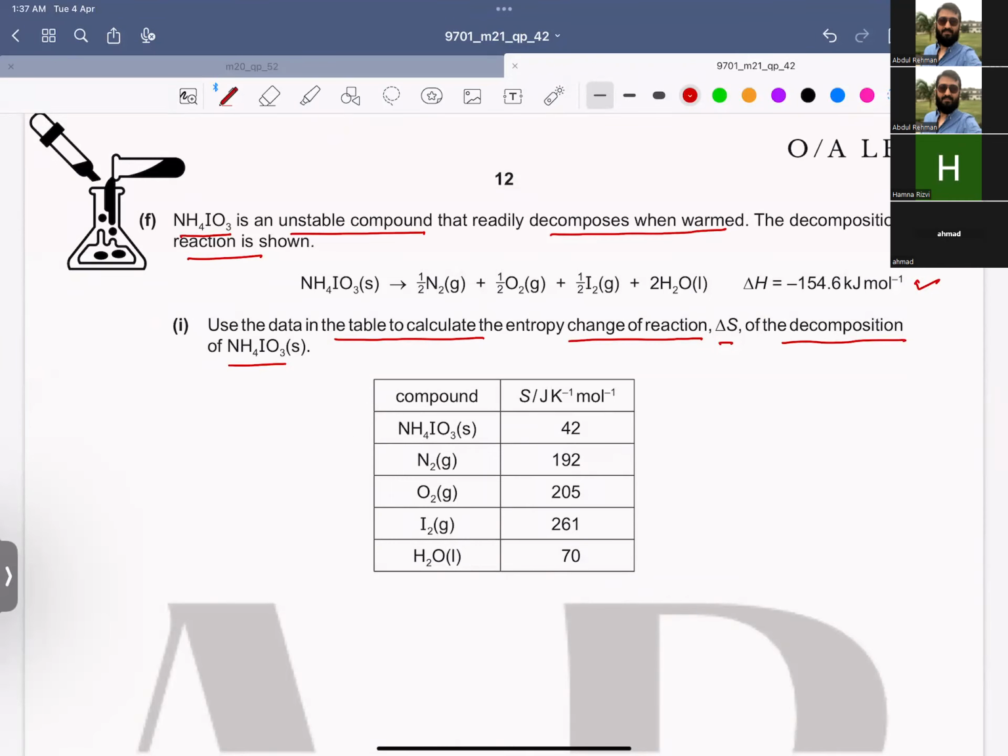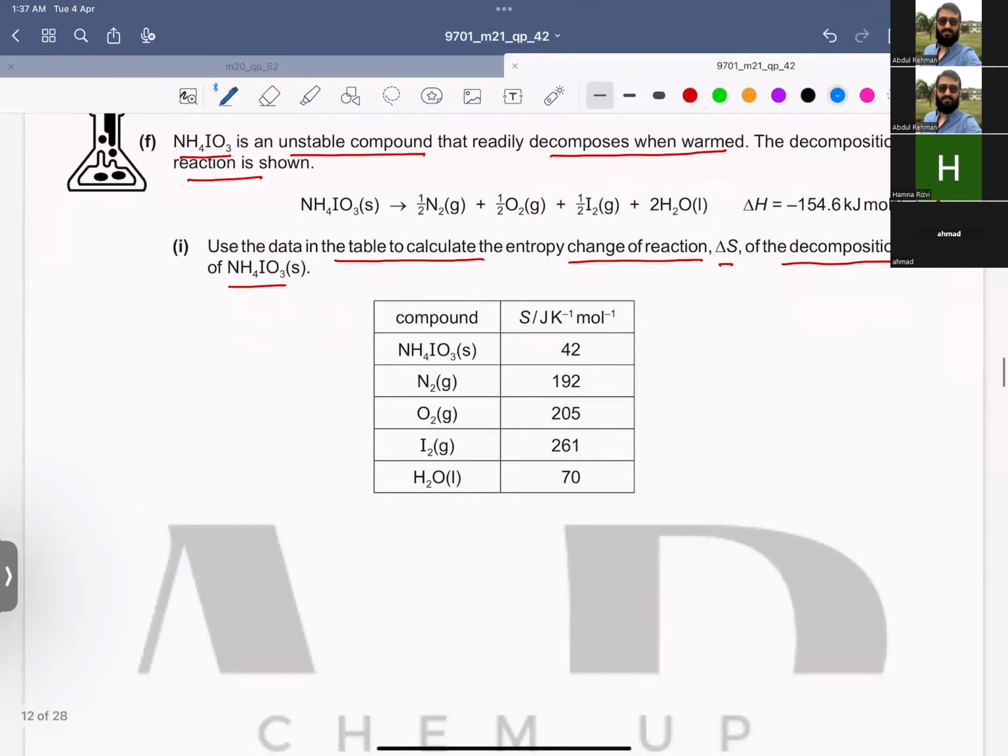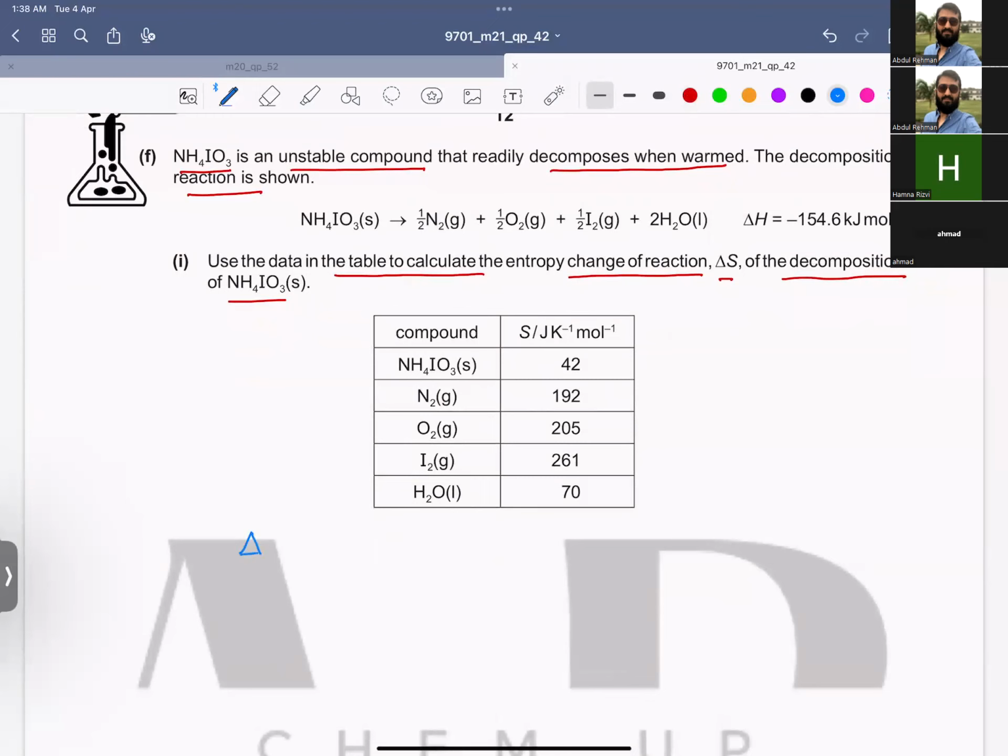So if you recall, the entropy change is equal to the sum of the entropy of the products minus the sum of the entropy of the reactants. So let's start.